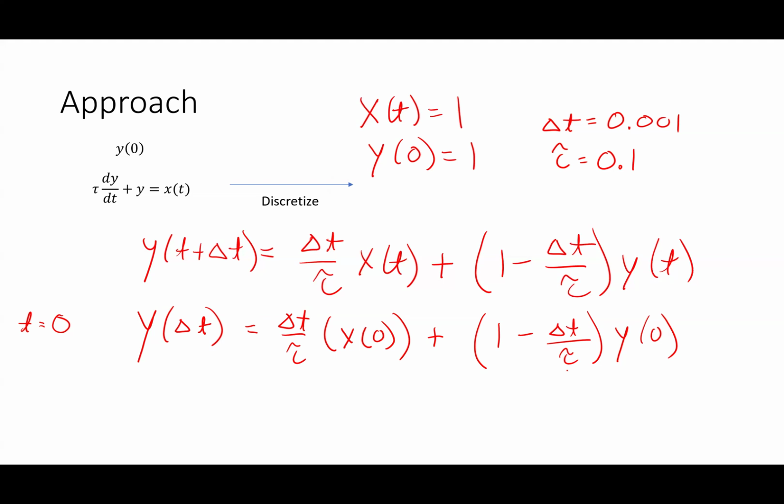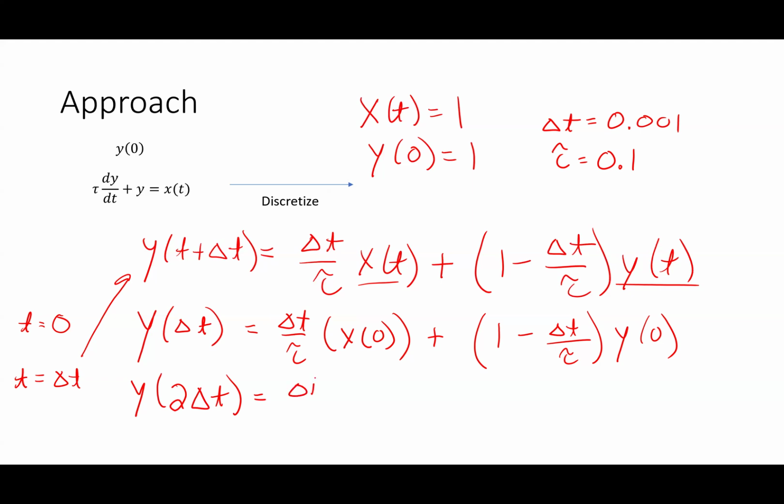What happens at t equal to delta t? Going back to that expression, if I plug in t equal to delta t, what would I be solving for? Yeah, the next step. At time t equal to delta t, I would be solving for the value at delta t plus delta t, or 2 delta t. What value would I plug in here and here?